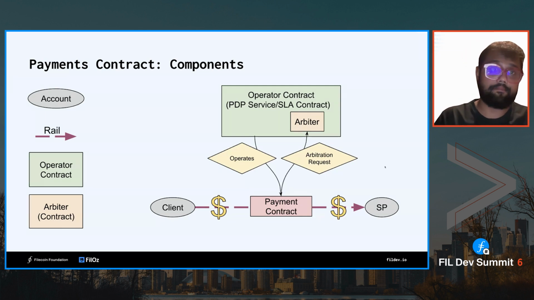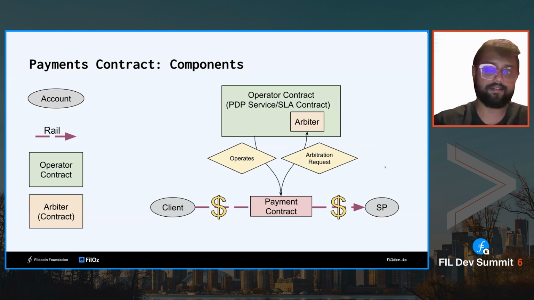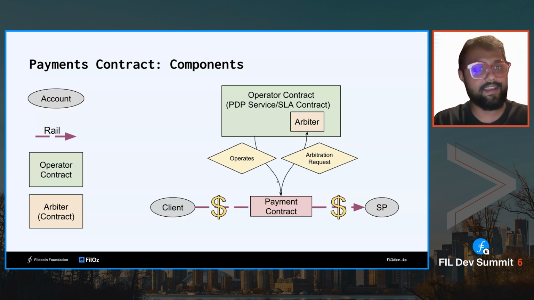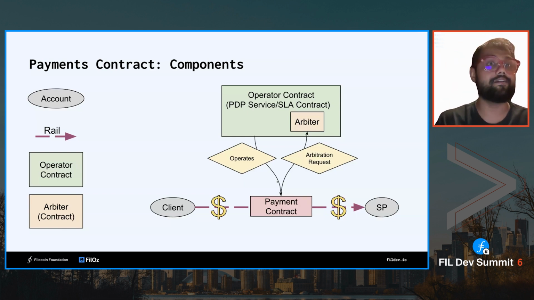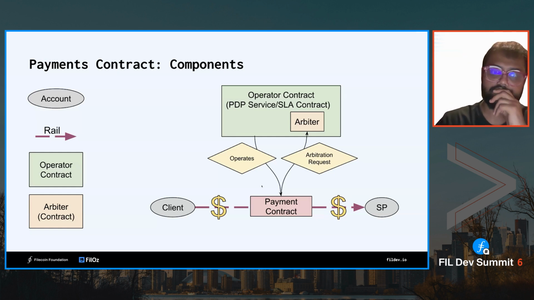After those many epochs, if the client doesn't have enough funds to pay for the next lockup period, the SP can either ask the client to deposit more funds or terminate and exit a rail. So as an SP, as long as you keep settling every lockup epochs, you are guaranteed you will never not be paid for any service you have already given. And the payment contract comes with that guarantee.